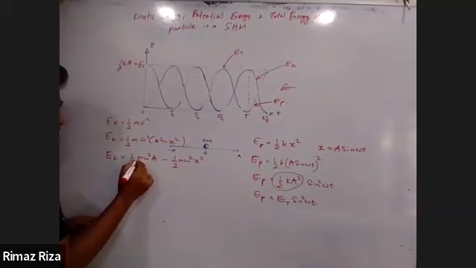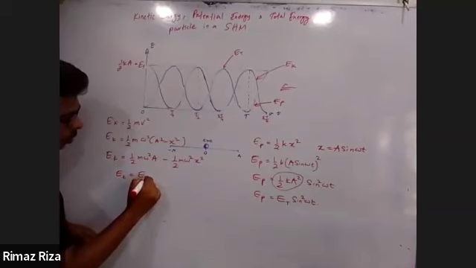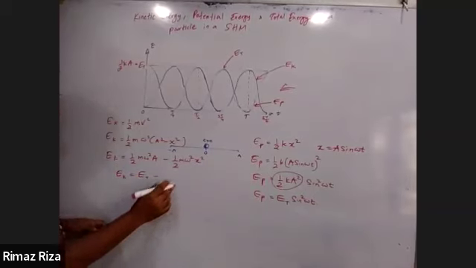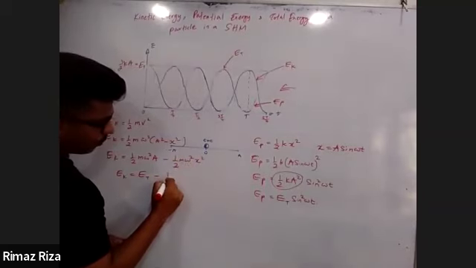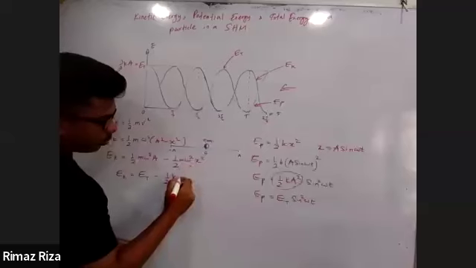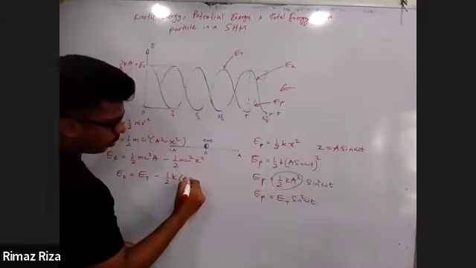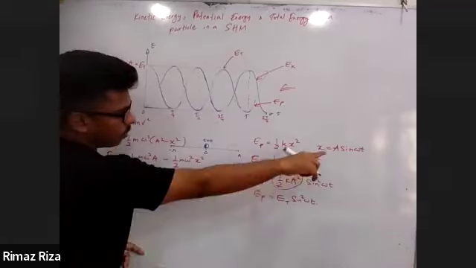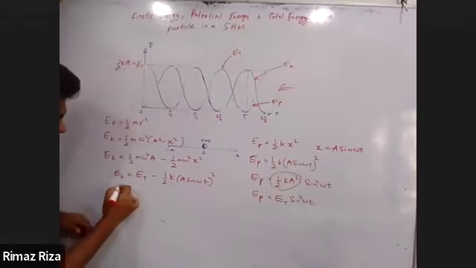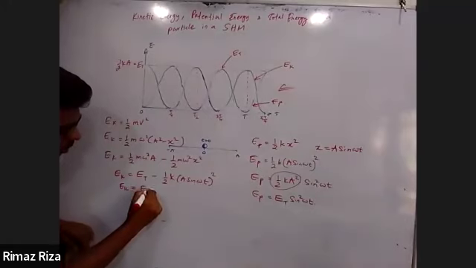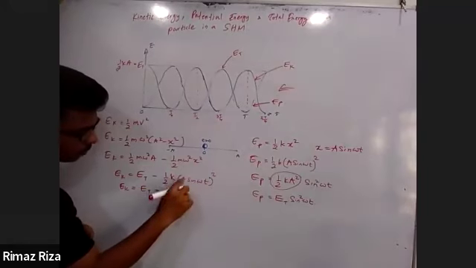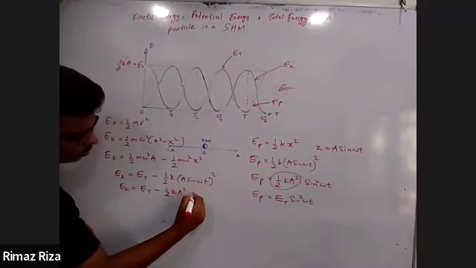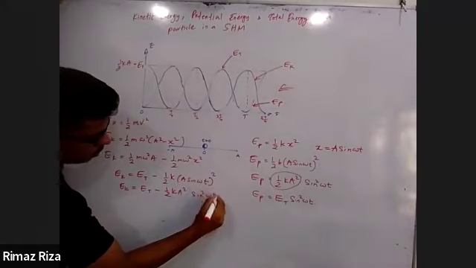So this first term is actually the total energy. So E_k is E total minus, m omega squared is k, half k x squared, and x squared is again a sine omega t squared. So E_k equals E_t minus half k a squared sine squared omega t.